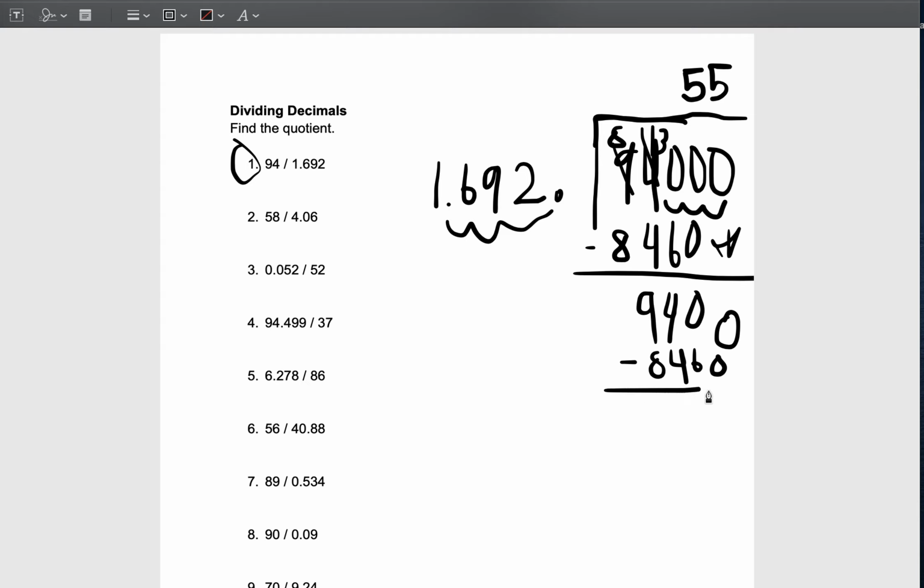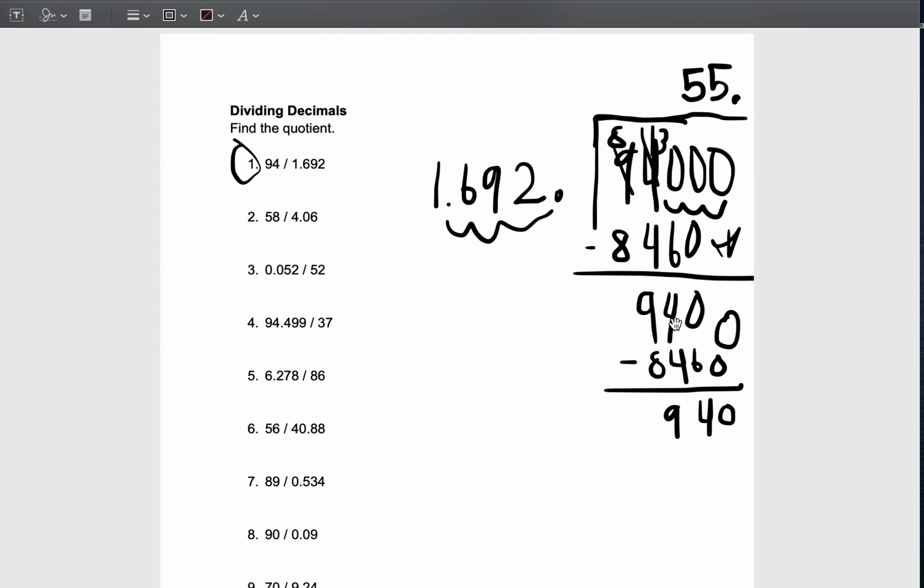If you subtract that again, it's going to be 940 again. Probably. Let me try one more time. 10 minus 6 is 4. 13 minus 4 is 9. Yeah, it's going to be 940 again. And since we ran out of zeros, you have to put the decimal right here.